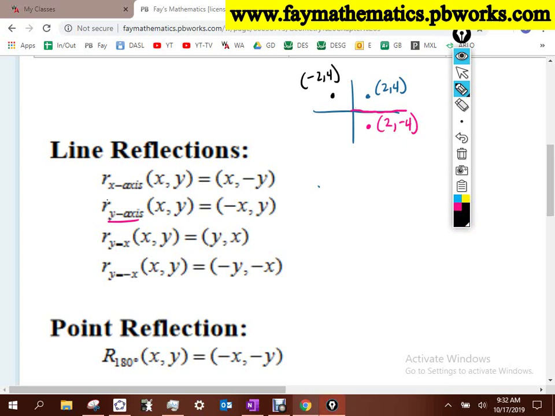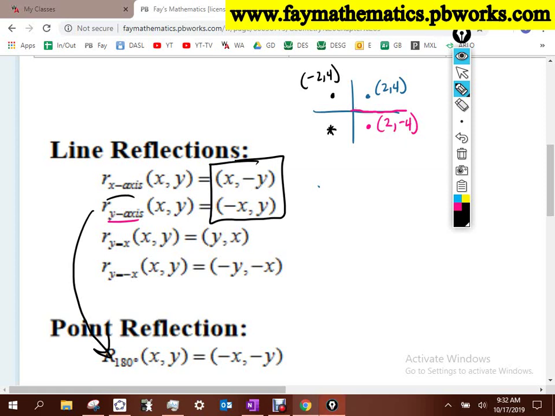Okay? Well, we just said that this rotation here of 180 degrees is equivalent to an x-axis followed by a y-axis symmetry or reflection. Well, if I do both these things to a point, so I take (2, 4) and I reflect across the y, across the x, isn't it going to put it right there?